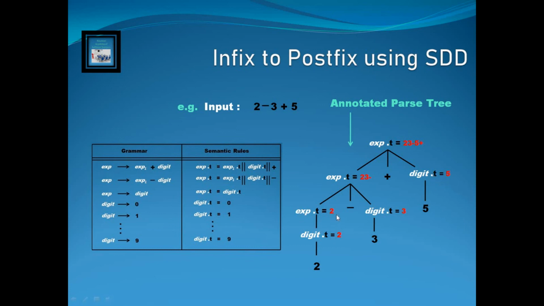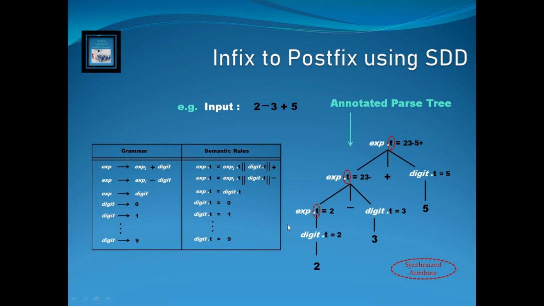But to evaluate other attributes, we have to evaluate their children first. Such attributes, which cannot be evaluated directly from the syntax directed definition, are called synthesized attributes. Overall, this tree is called an annotated parse tree.